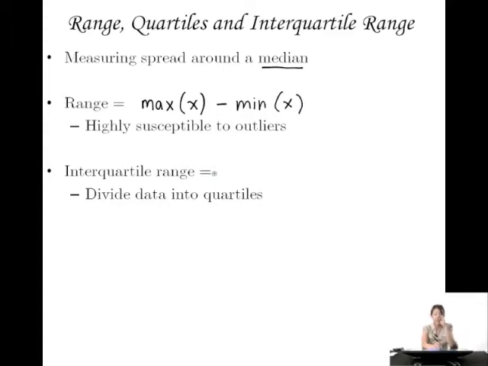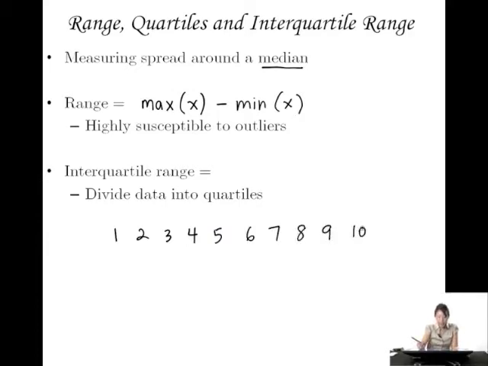Interquartile range is going to be less susceptible to those outliers. But before we get into how to calculate interquartile range, we have to learn how to divide that data into quartiles. So let's just look at a simple example. Right?